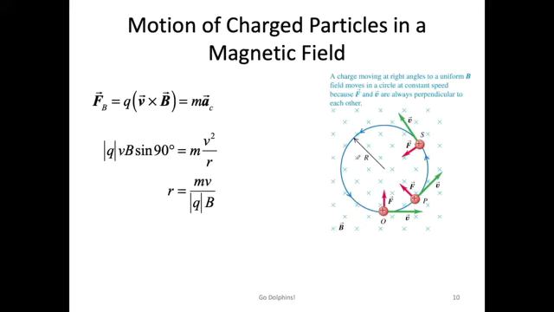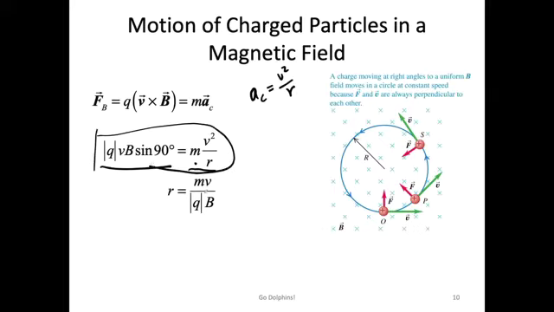For uniform circular motion, we have a centripetal acceleration, with F equals m a_c, and a_c is v squared over r, and the force is provided by the magnetic force. The magnetic force has to be equal to m v squared over r from Newton's second law. So we have this equation. If we know the mass of the particle, the velocity, the charge, and the magnetic field, we can find out the radius of this uniform circular motion.